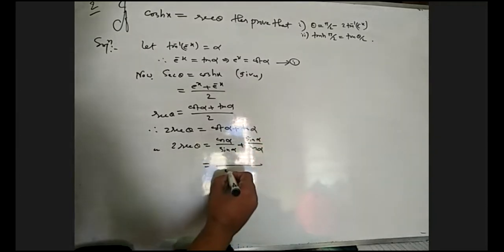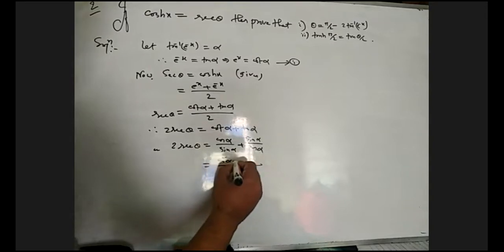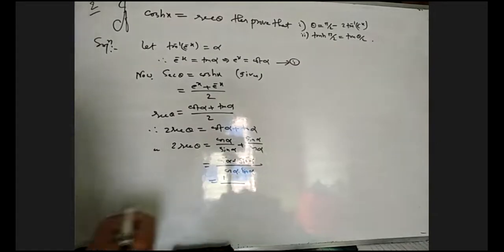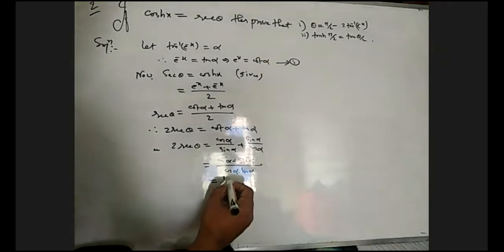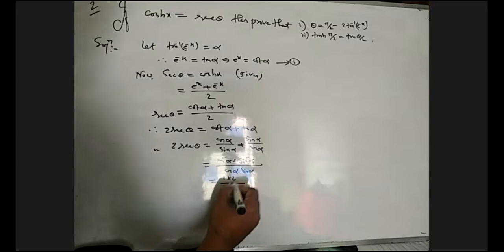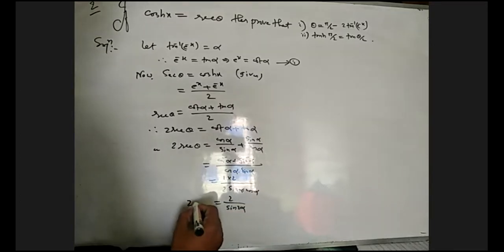So taking LCM here, cos alpha into sin alpha, we get cos square alpha plus sin square alpha, which is the identity 1, divided by sin alpha cos alpha. The 2 sin A cos A formula gives sin twice A, so this is 2 sec theta equals 2 divided by sin twice alpha.